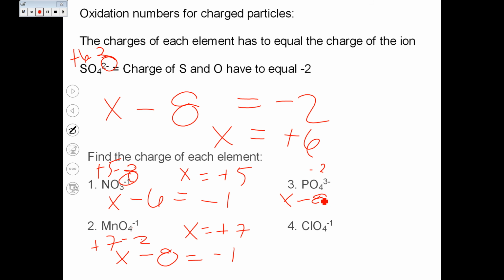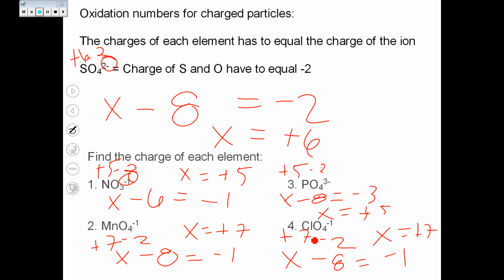That 8 comes from 4 -2s, and it equals -3. X equals +5. ClO4 1-, that is Cl, not Ci. Oxygen is -2, so X minus 8 equals -1. X equals +7.